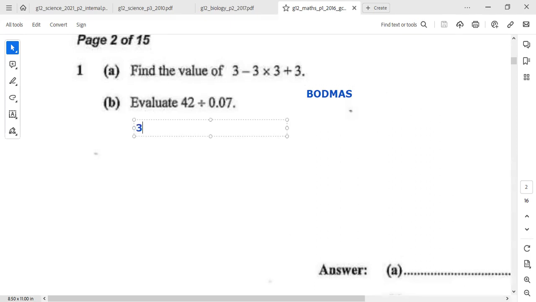That means it will be 3 times, normally, if you have a negative, it's in brackets. So I'm trying to show you this: 3 by negative 3. That's negative 9, isn't it?